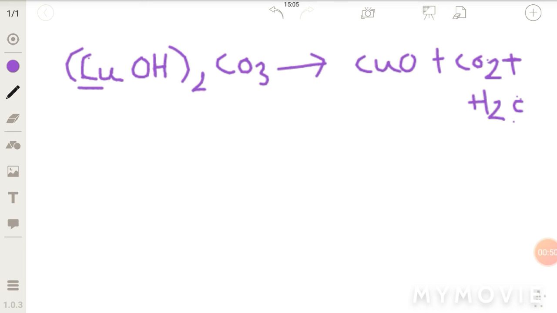Since copper, oxygen, hydrogen is present inside the bracket, and here it is 2, it means copper has 2, oxygen also 2, and hydrogen also 2.